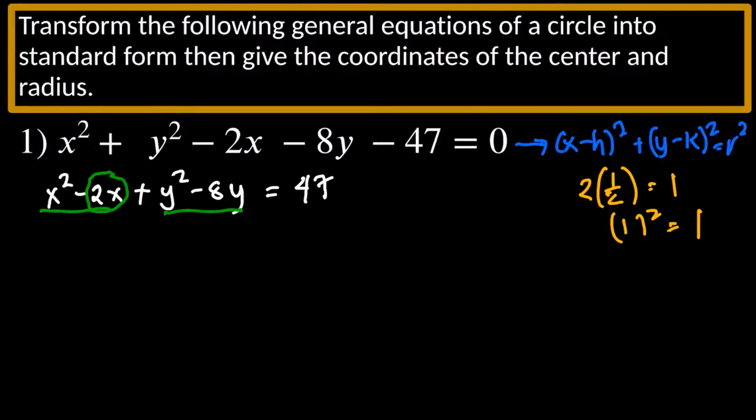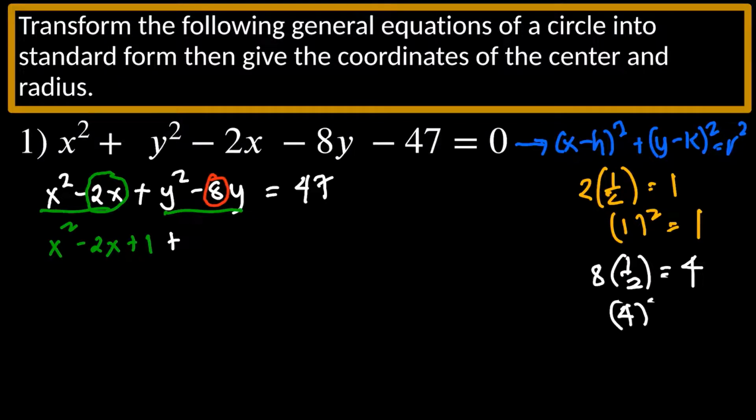And so we can rewrite this as x squared minus 2x plus 1, plus, in here the numerical coefficient is 8, and so we have 8 times 1/2, that will give us 4. And then you square 4, that will give you 16.